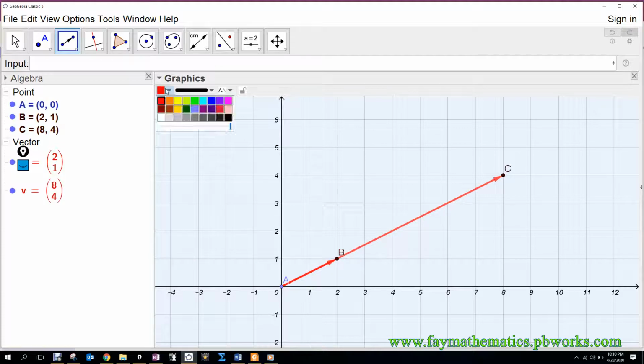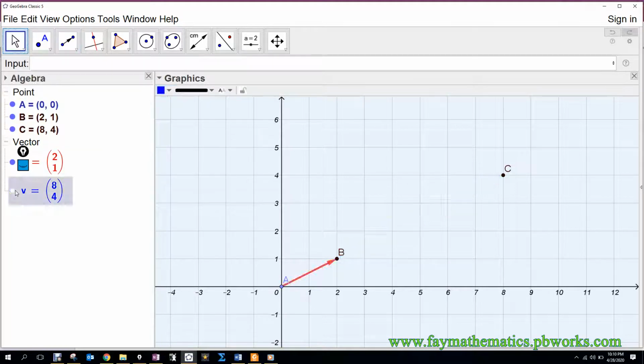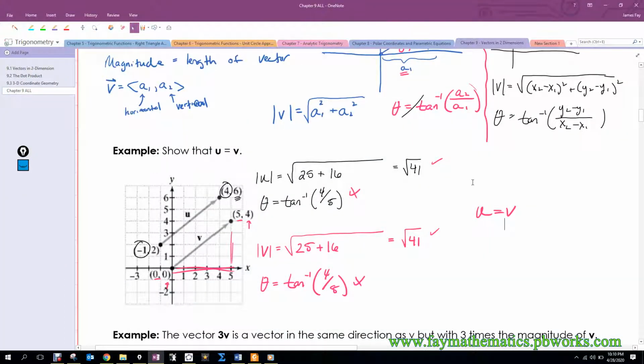That vector there, let's make that blue. We've got the blue vector and we've got the red vector. They're obviously both going in the same direction, on the same trajectory, but they're not the same length. So they have the same direction, but different lengths. They're not the same vector. So that's nice.